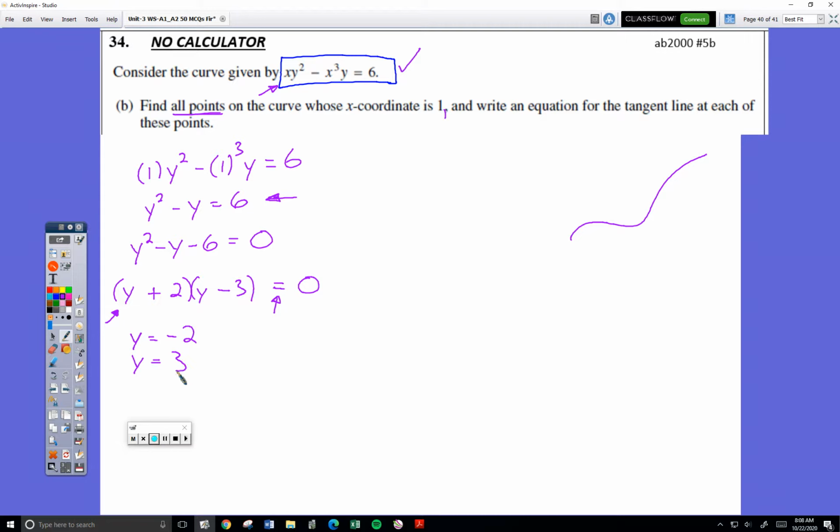So I found out that this curve has points at the curve has points of 1, -2, and also 1, 3. Question.